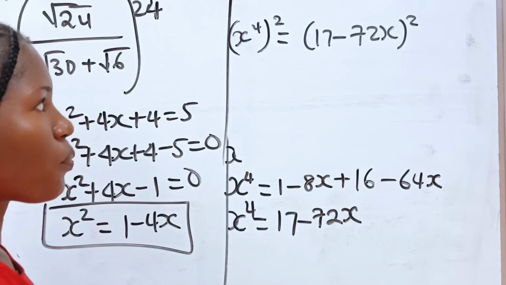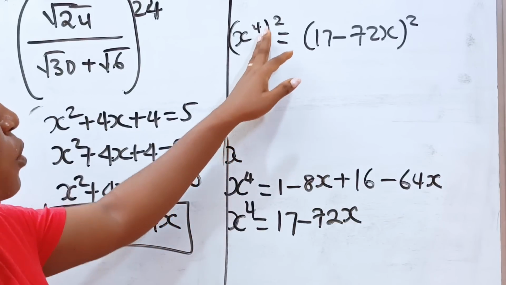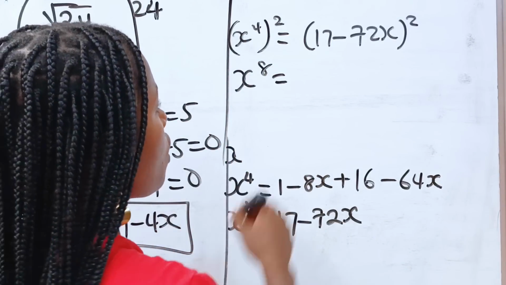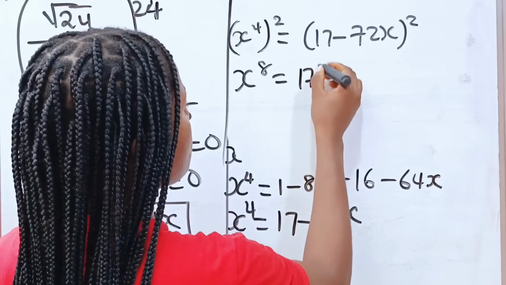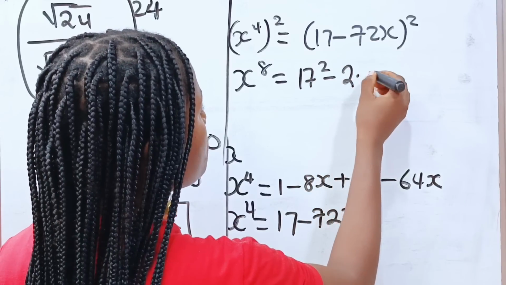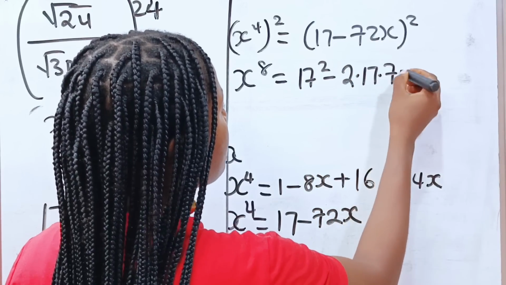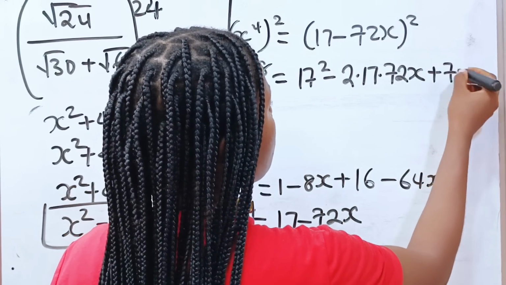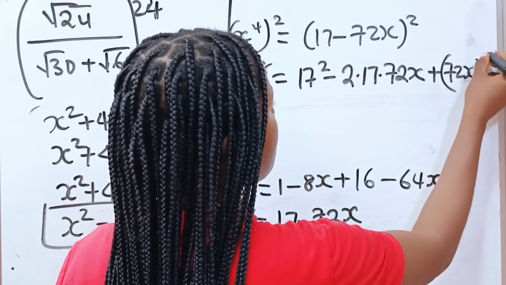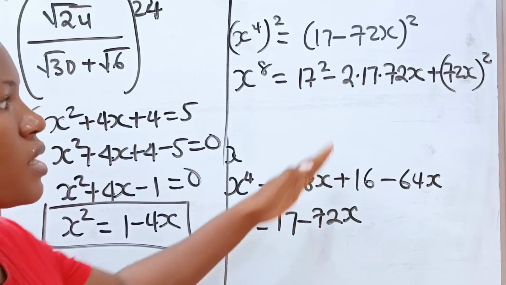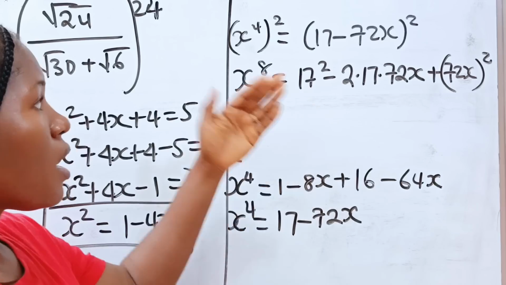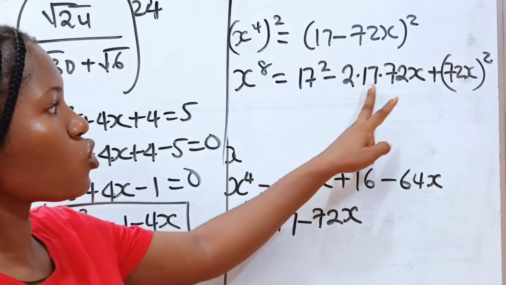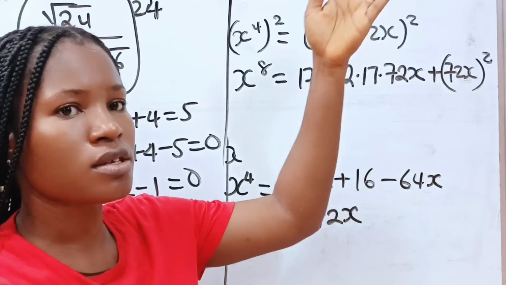Okay, now we are going to expand. (x^4)² is x^8 is equal to, so this will be 17² minus 2 multiplied by 17 multiplied by 72x, right? Then plus (72x)². Okay, using our algebra identity that says that (a − b)² is equal to a² − 2ab + b².